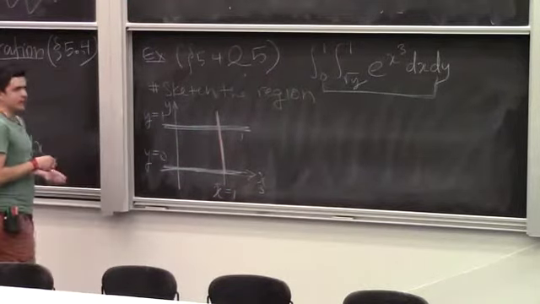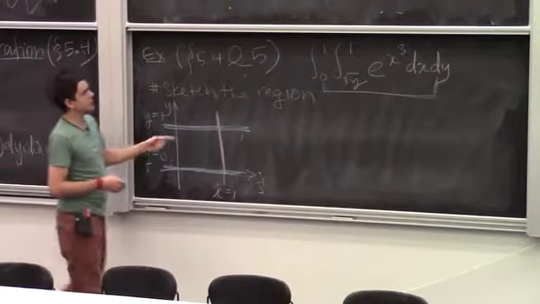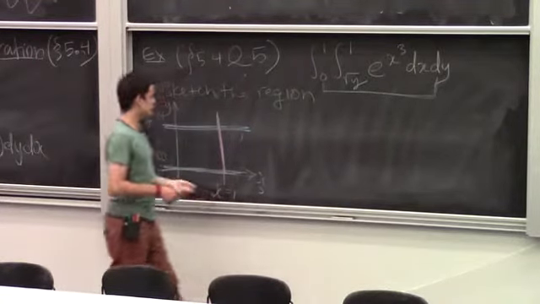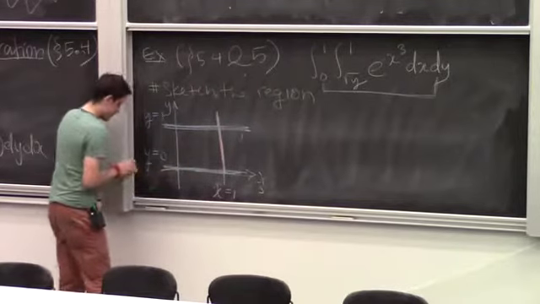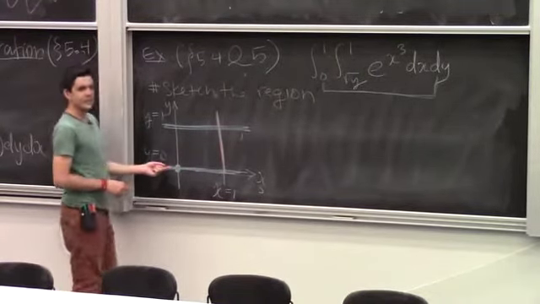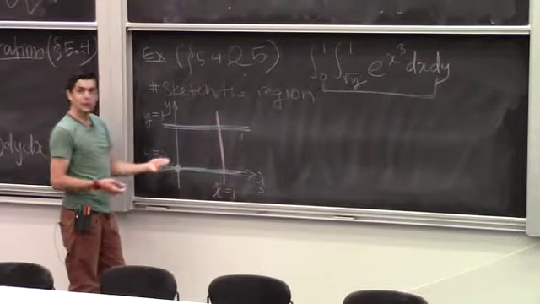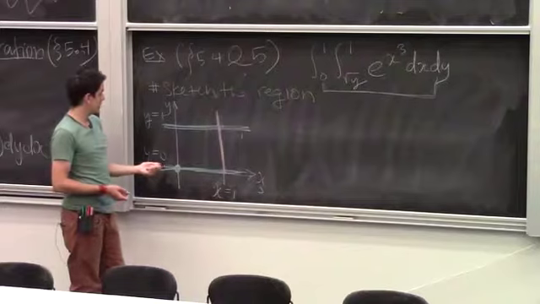Okay, so it's tricky to figure out what this curve looks like, this x equals root y. Well, it'll start here. And as x gets bigger, it's going to go up to 1 eventually. Right? But how does it go up to 1 is the question.